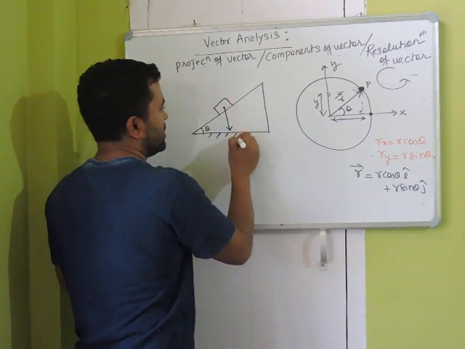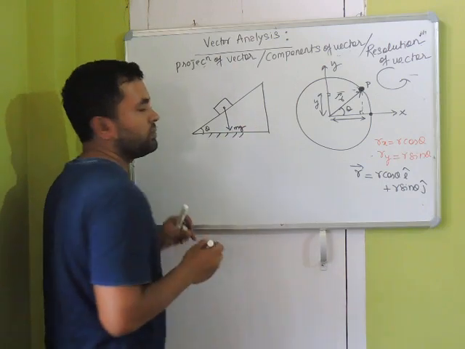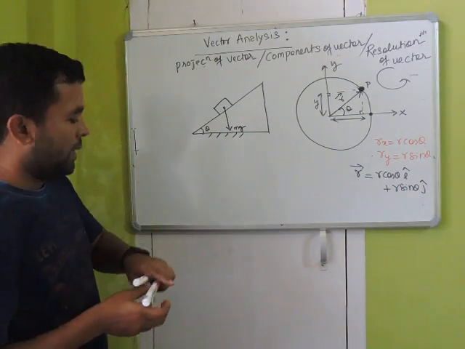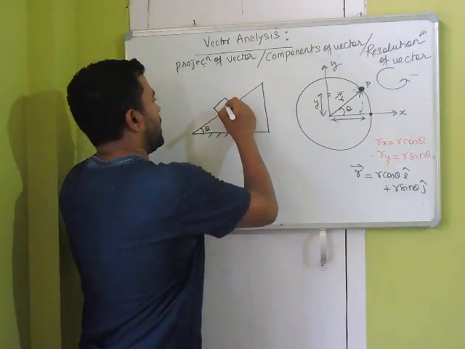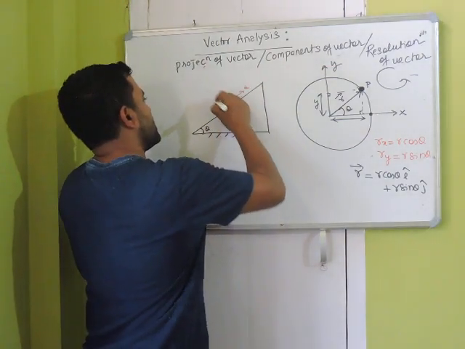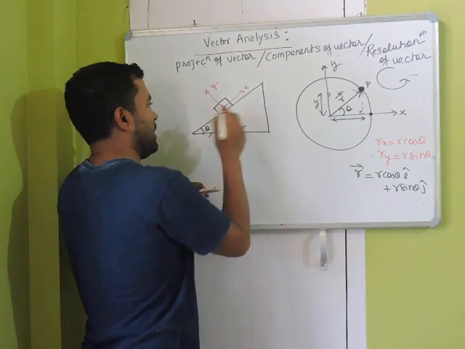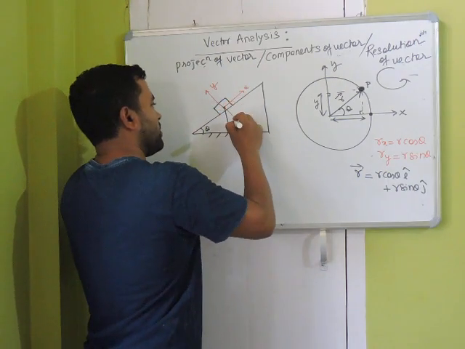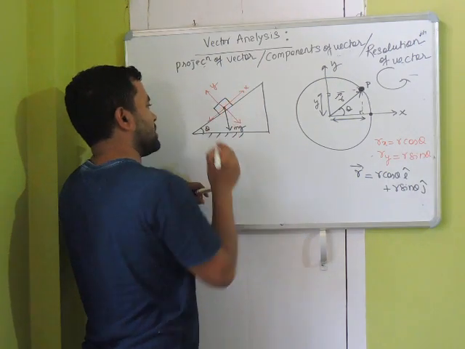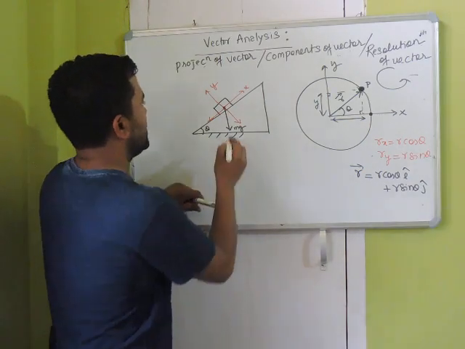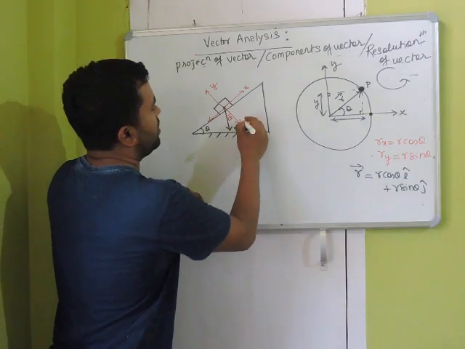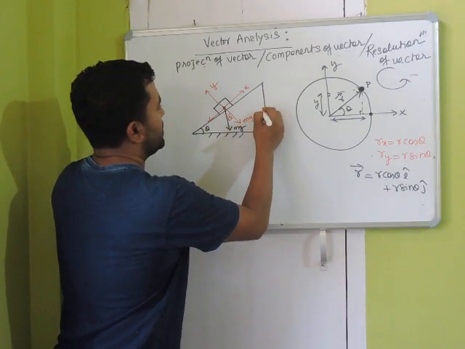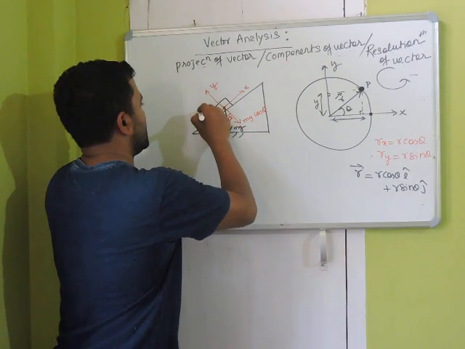So this is earth, this is mg, right? Now if I draw, this is my x-axis, this is my y-axis, and I want to resolve it, this is my minus y-axis, this is my minus x-axis, it turns out that this angle is also theta, and this component becomes mg cos theta and this component becomes mg sin theta.